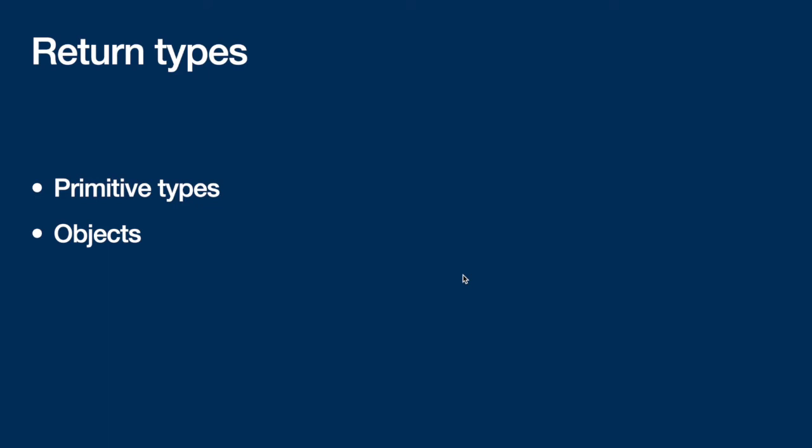That means classes that we have defined for our purpose can be return types, and the return type can be void, which means the method is not expected to return anything. That means it returns no value when it's called.